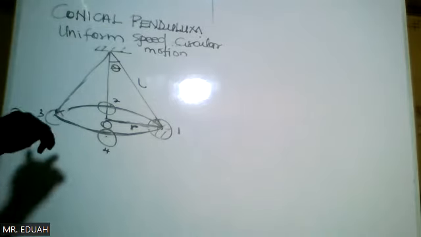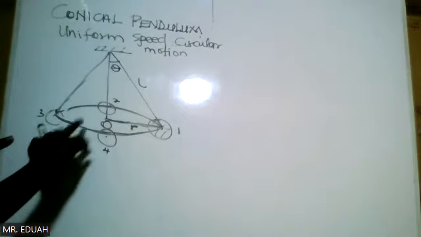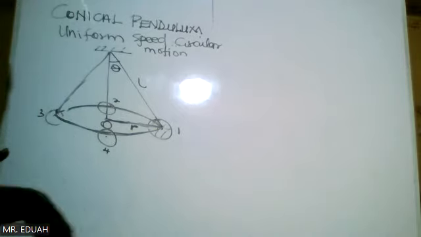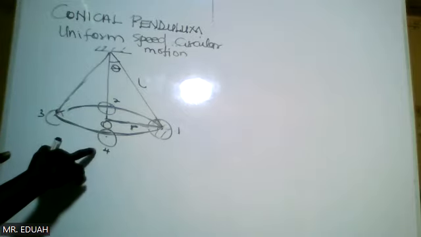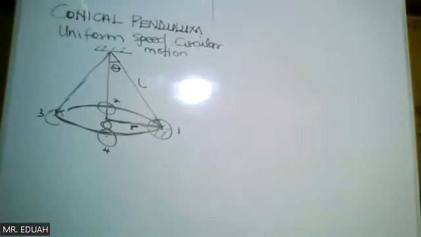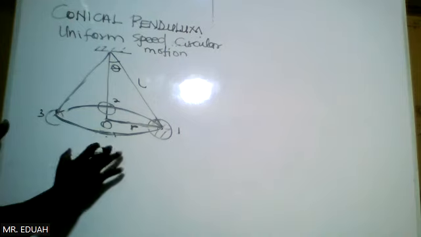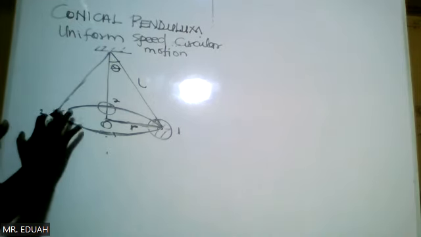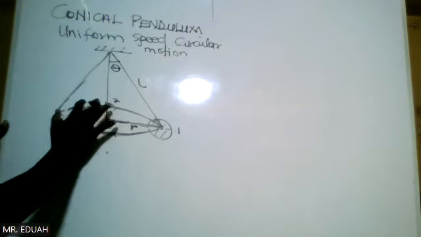And so when the effect of gravity on the mass at every point is the same, the body revolves at a constant speed. So this is the reason for which a conical pendulum is a uniform speed motion, because the effect of gravity on the mass at various positions is the same.